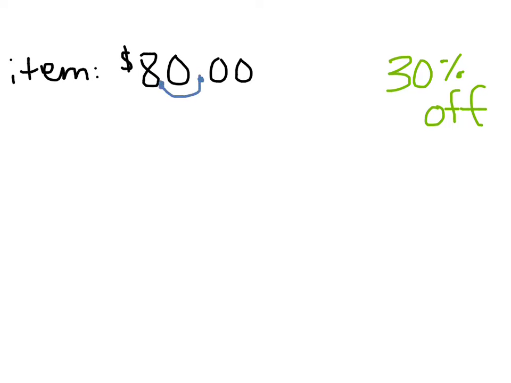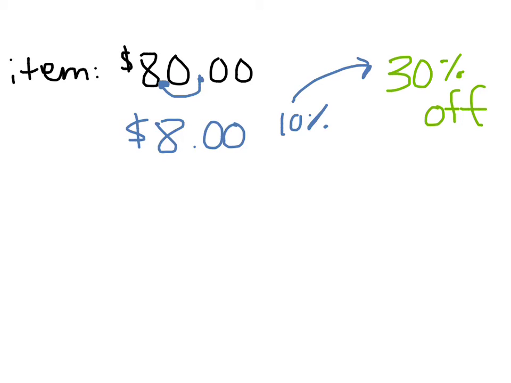So let's work with our 10%. Find 10%, decimal one place. That would be 8. That's 10%. Now in this case, remember we want 30, not 10. So we'd have to take the 10 and triple it, or multiply it by 3. So 10 times 3 gives us the 30. We would do the same thing with the 8.